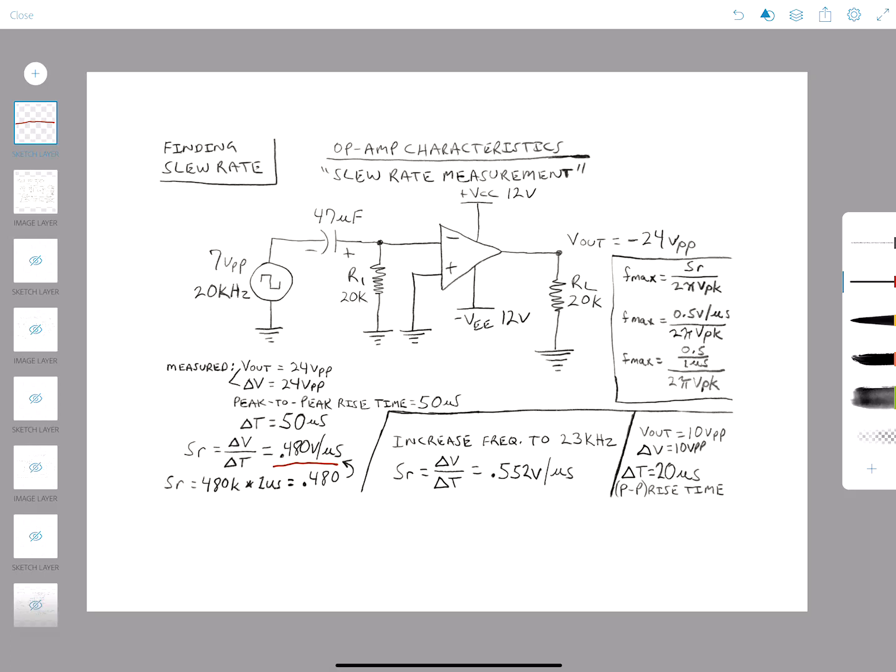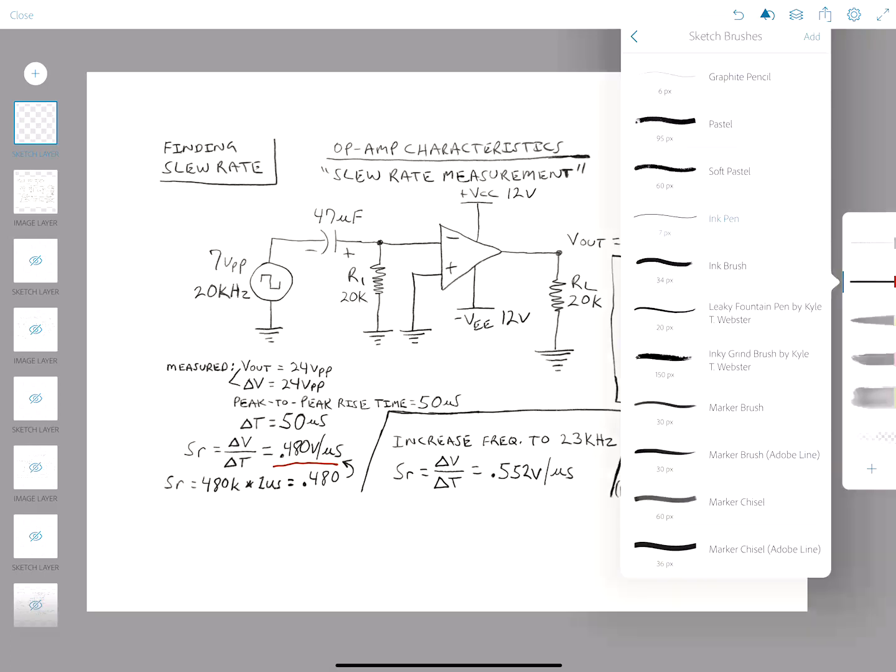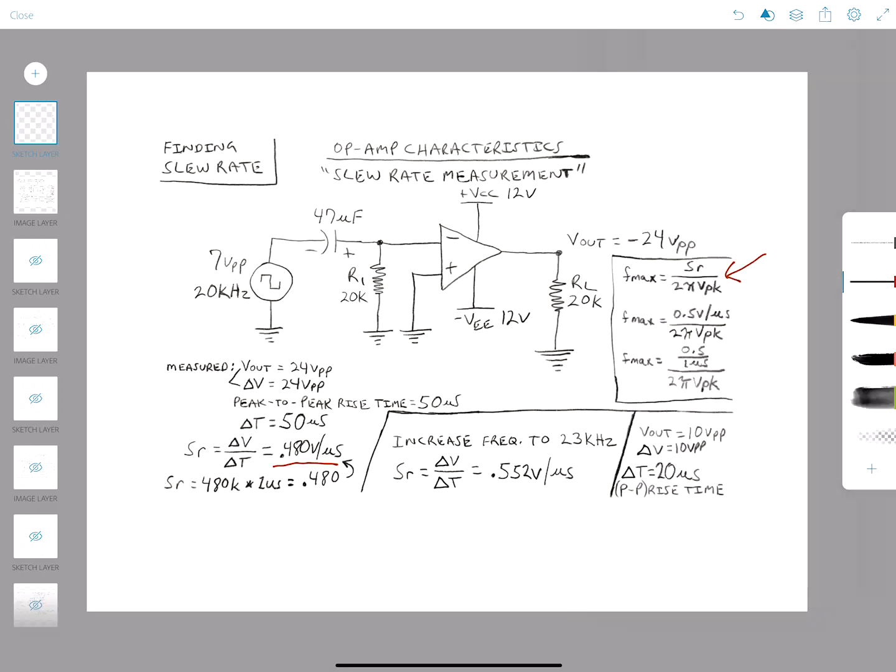So how do we figure out the maximum frequency that we can put into our op amp? Our formula starts right here. For frequency max on the input, it's going to be our slew rate divided by 2 times pi times volts peak. We need to make sure that when we put this into our calculator, the slew rate is the 0.5 volts per microsecond, which is what our spec sheet says.